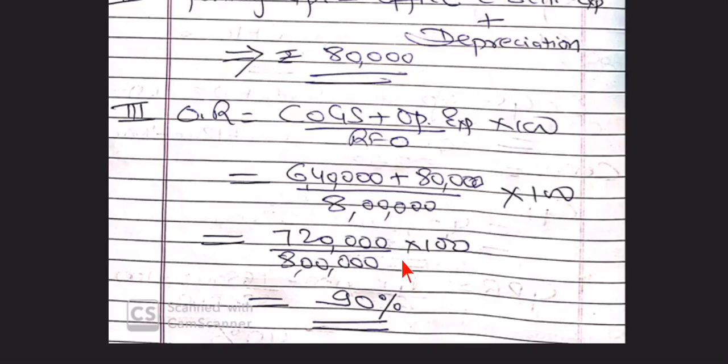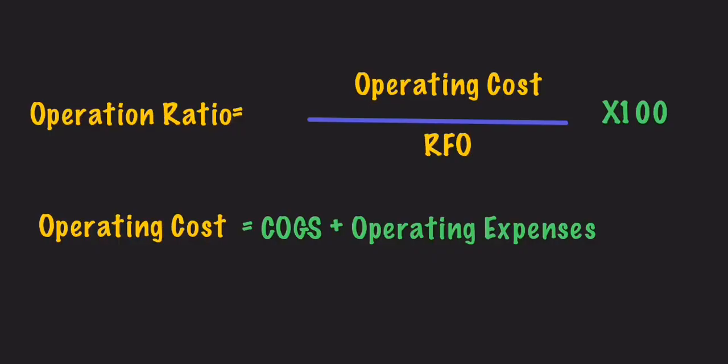We can say that of the total sales, 90% is operating cost, which is too high and not good for the company. So in this way, we calculate the operating ratio. Just see the formula: operating cost upon RFO into 100, where operating cost is COGS plus operating expenses.